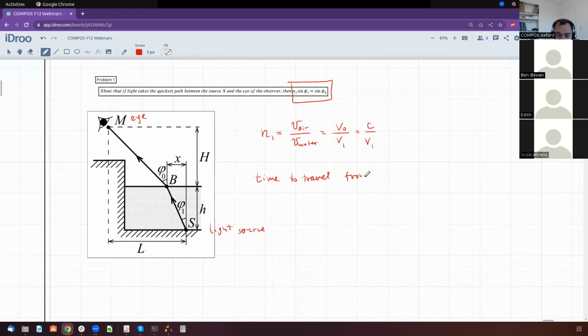from S to B. So that we have a time SB. Time SB is equal to the distance SB divided by the speed, so V1.